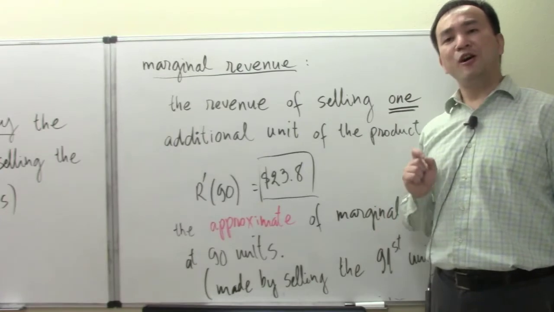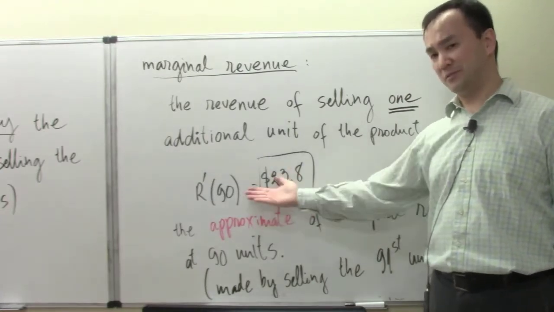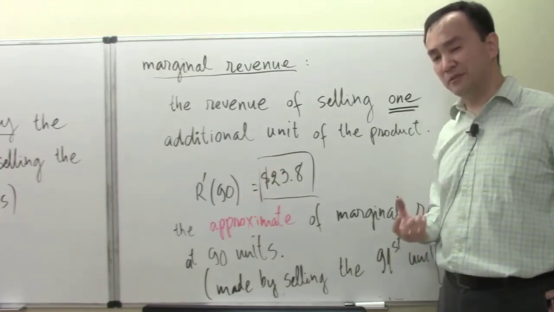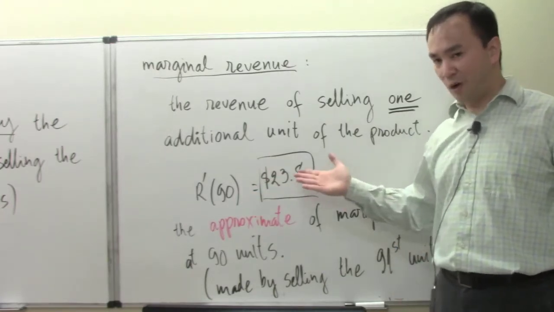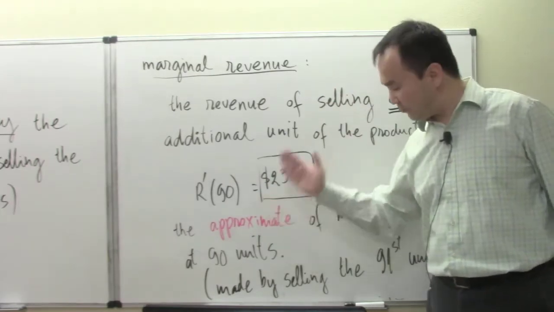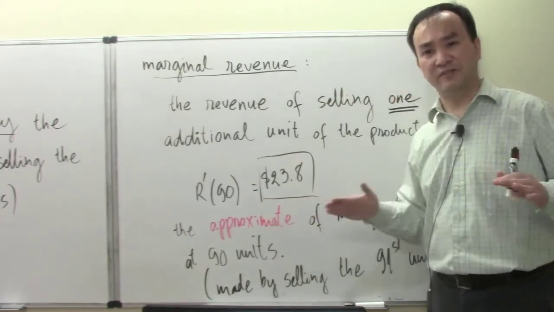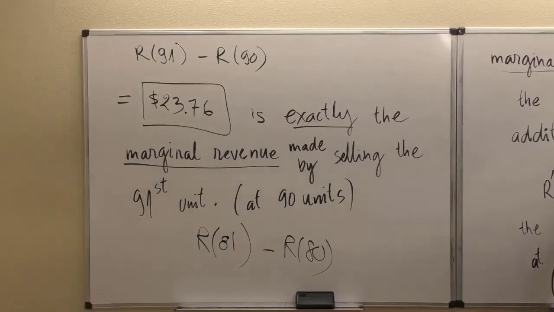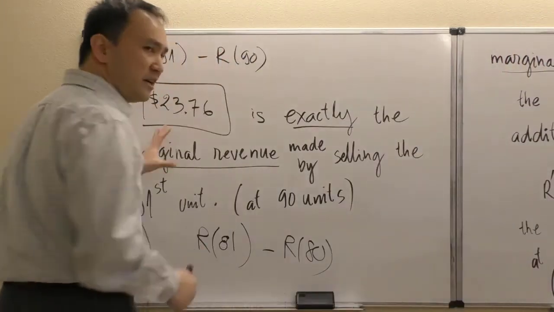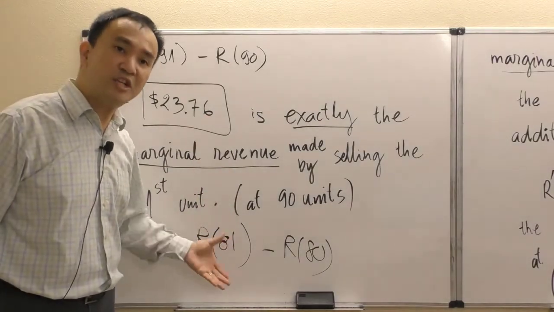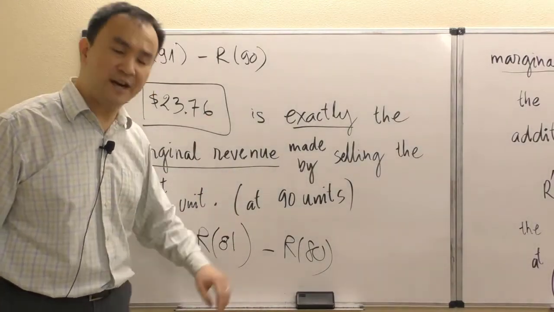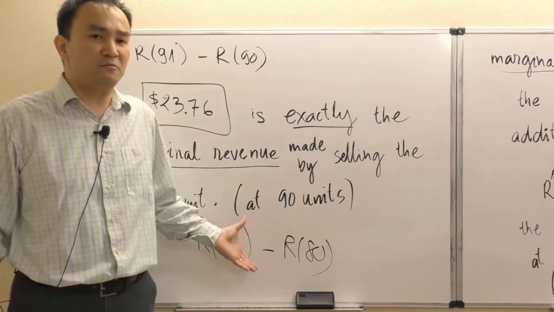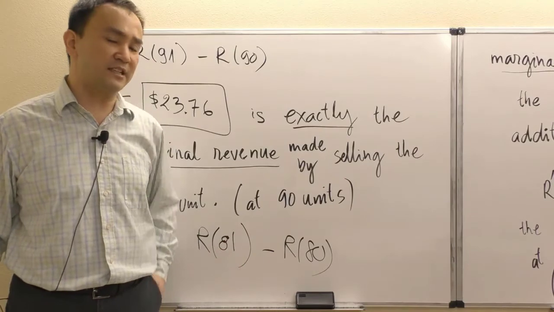And because people have found this fabulous way of approximating marginal revenue, originally it was only an approximate, but it's been effective enough that these days, in the world of business professionals out there, not too many of them still stay with the precise one, because it takes time, and they don't have that valuable time. If I was a businessman myself, I wouldn't want to spend my time doing too much math like this either.